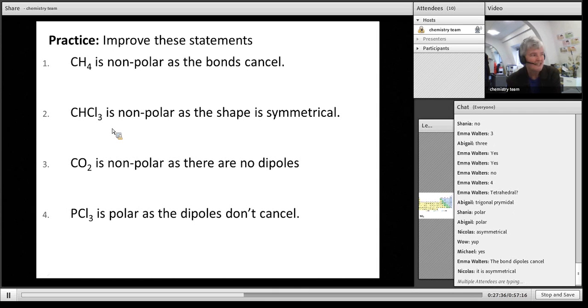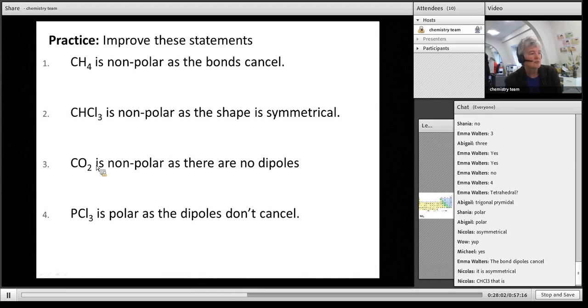It is asymmetrical. If it was CCl4, it would be symmetrical, but CHCl3 is not symmetrical. Great, Nicholas. And again, if they said it was polar as the shape is asymmetrical, you may get an achieved, but certainly not a merit or excellence because there's not enough explanation.